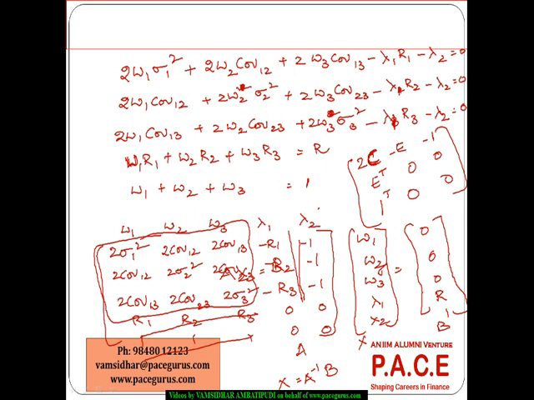So if I have to talk about a quick matrix way, if I have 4 variables, what is the quick matrix way? I take it as 2 sigma 1 squared, 2 covariance between 1 2, 2 covariance 1 3, 2 covariance 1 4.